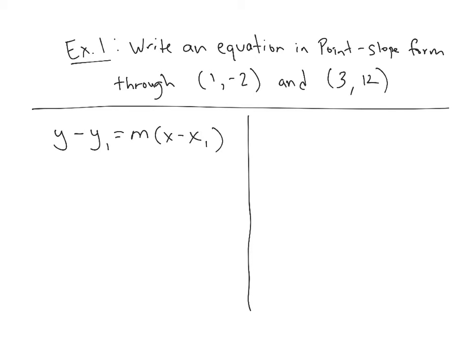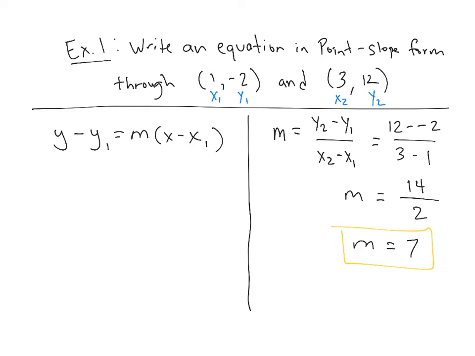To find my slope, I'm going to use m equals y2 minus y1 over x2 minus x1. Labeling my points here, I'd have x1 and y1, x and y of point 1, and I'd have x2 and y2. We should be kind of experts at finding slope here. Go ahead and find the slope of this line and enter your answer when you're ready.